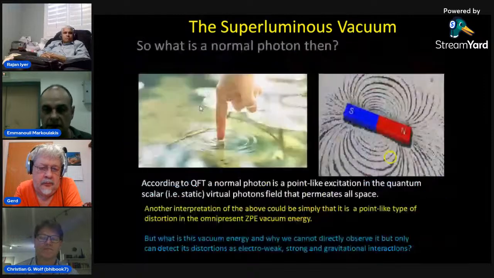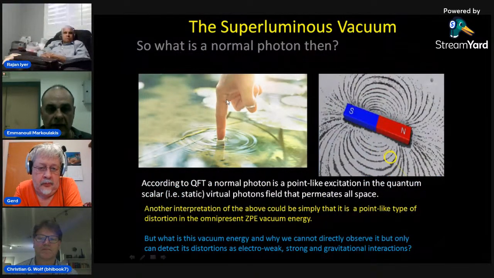So it's similar to the finger here. This is the magnet, and it distorts the vacuum energy. So there's another point of view, which is very useful to the rest of the presentation.